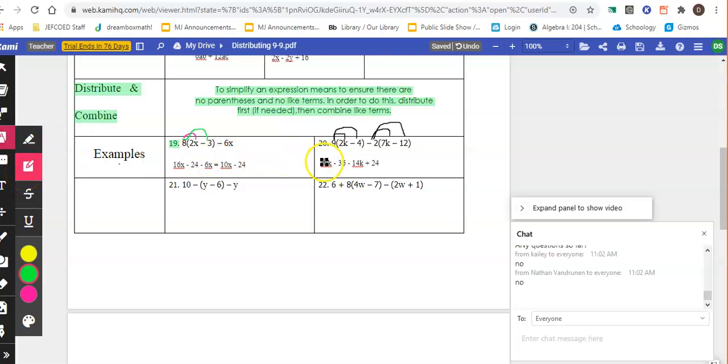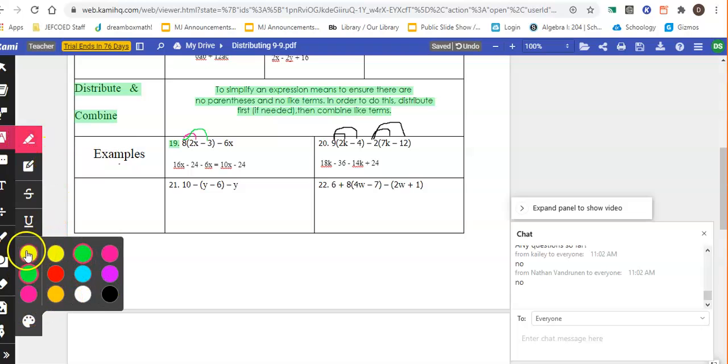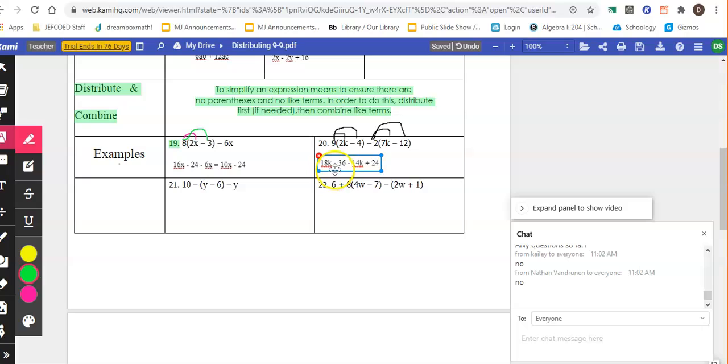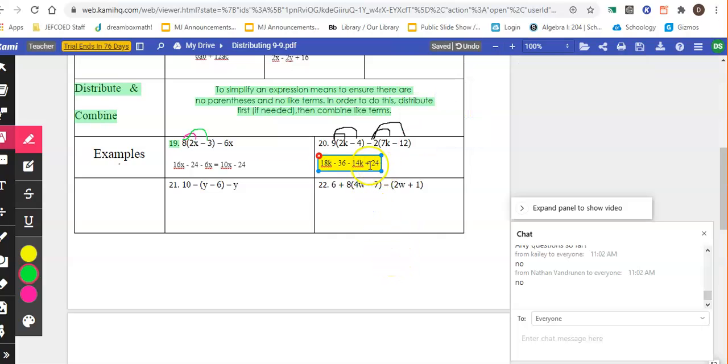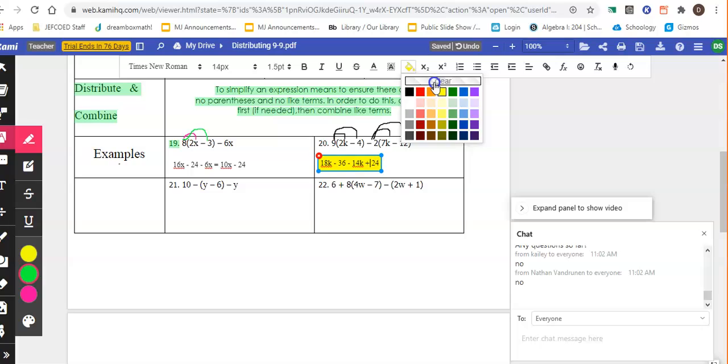Okay? All right, so let's highlight my terms that are alike. So we've got some variable terms, which is 18k. Oh, no, I don't want to do the whole box. Undo the whole box. Clear. All right, so we've got 18k.